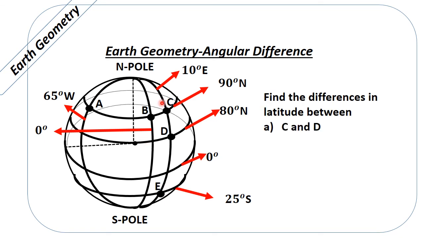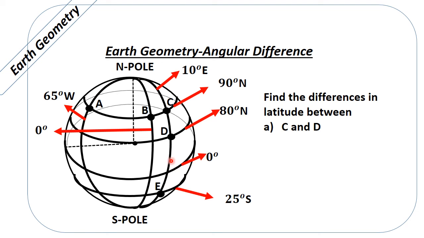So we start with C and D. What's the difference in latitude between C and D? Latitude, we're talking about these ones that move left to right. As you can see, C and D are on the same longitude. That's why we are interested in the difference in latitude. So the first question is, are they lying on the same side or on different side of the equator?